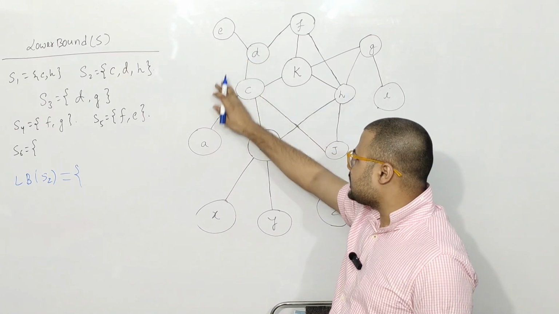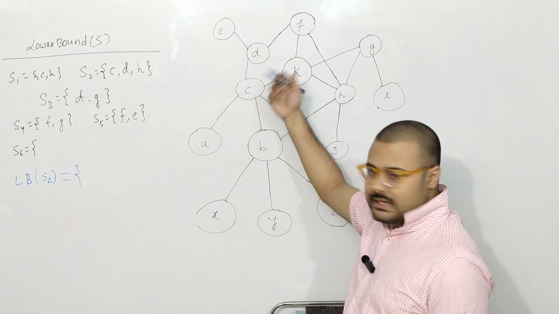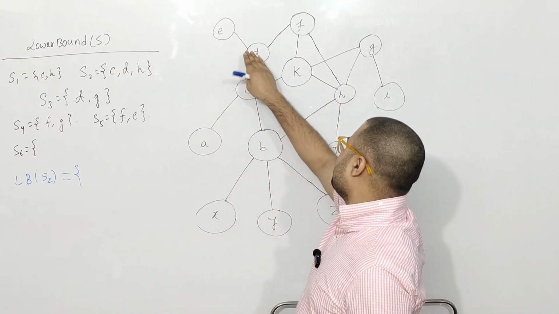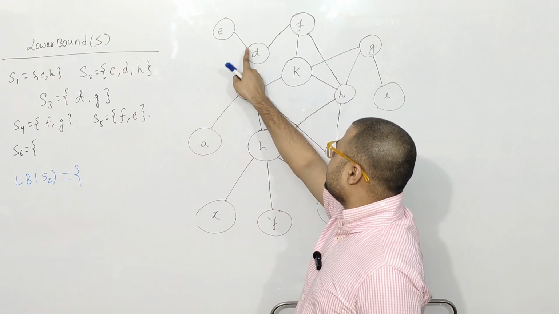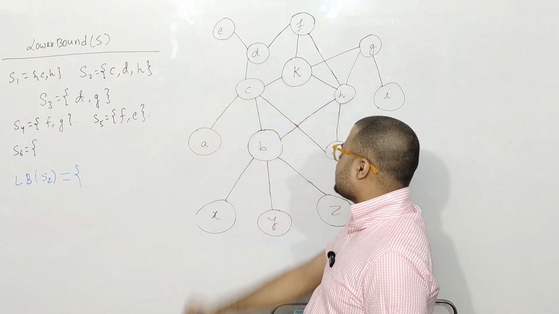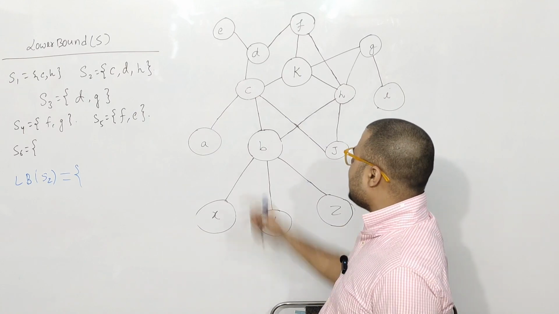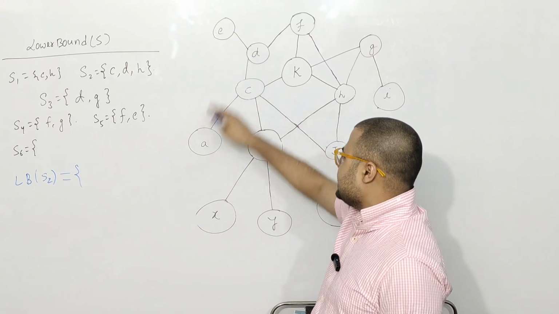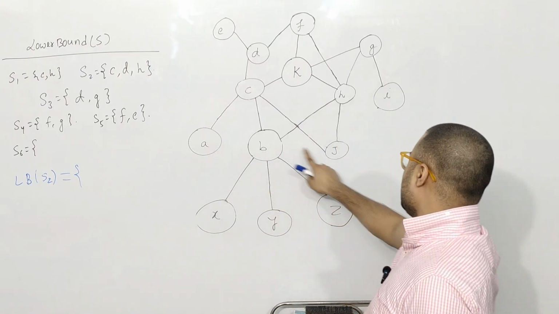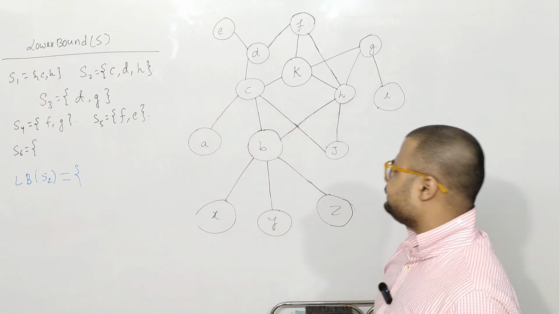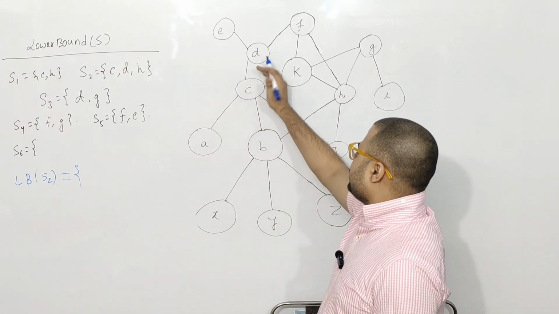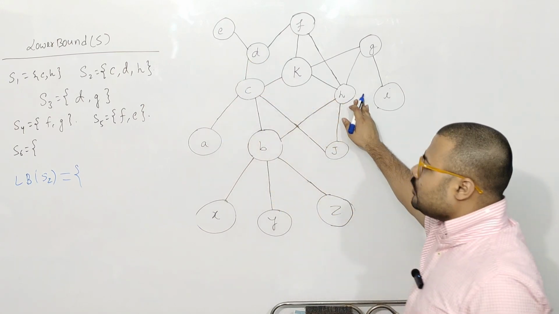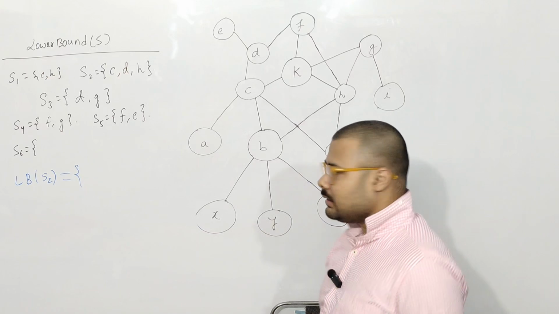Now you come one step down. This is C. C is related to C, but C is not related to H. Similarly, if you look at D, then D is related to D, but D is not related to H, and D is not related to C. So now you go two steps down from C. So you have A, B, and J. A is related to D, A is related to C, but A is not related to H. So A cannot be a point of meet.